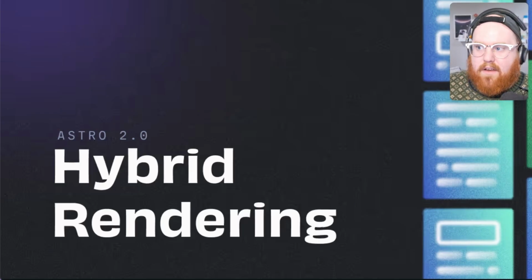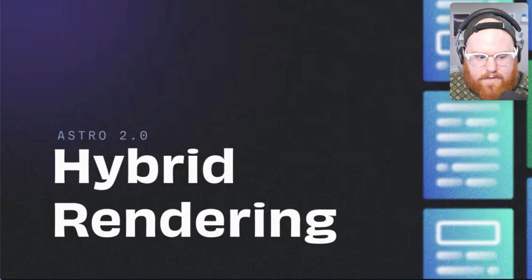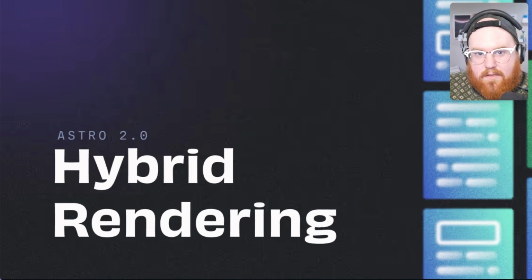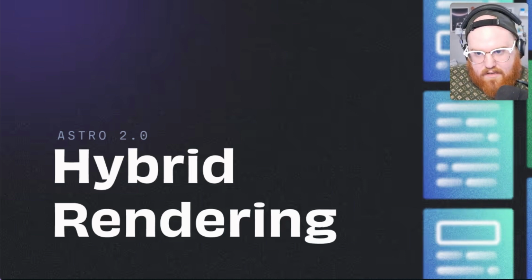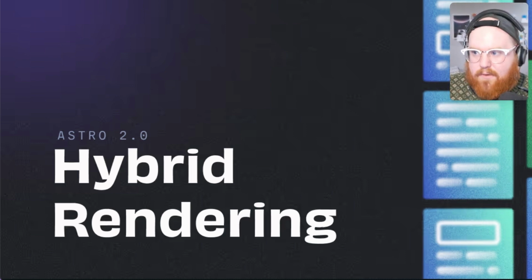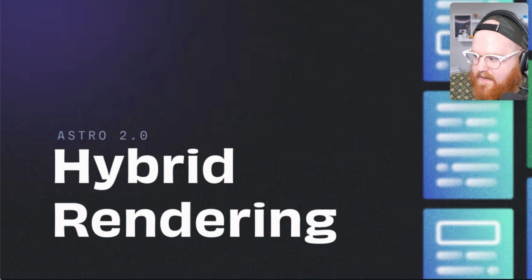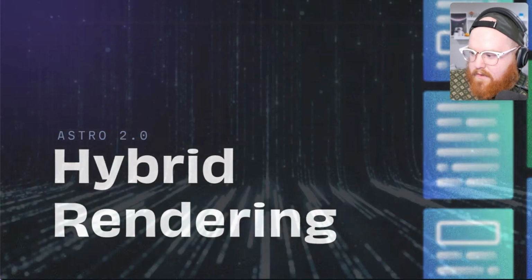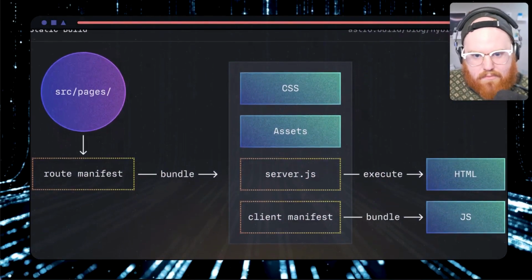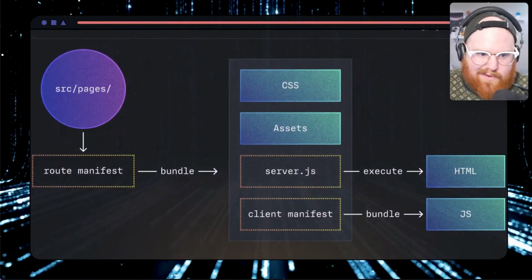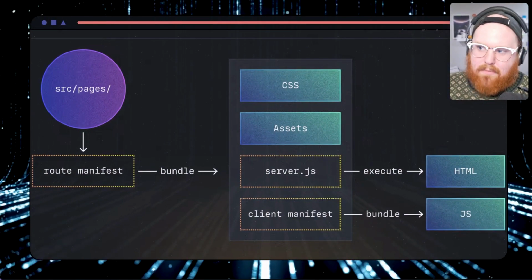Hybrid rendering is another amazing feature we've talked about quite a bit in the release run-up, but this is the middle ground. Can I render static and dynamic content at the same time? So we released a blog post where we chatted a bit more about what went into this, but we basically had to revamp our build process.